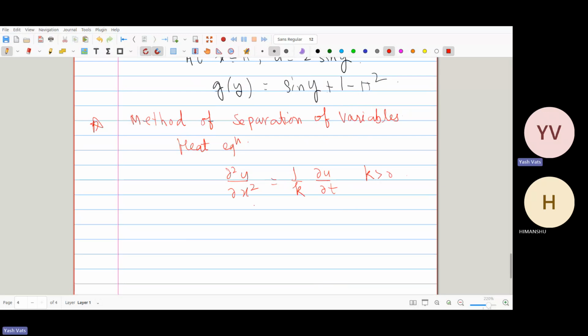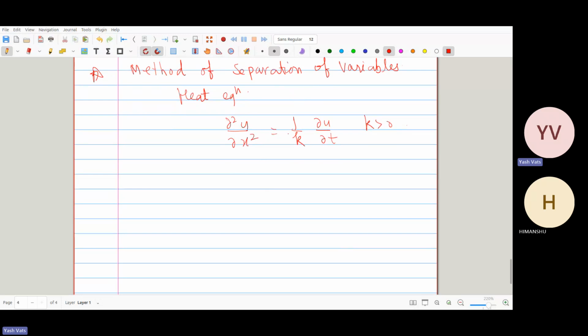Okay, so what does the method of separation of variables look like? You assume that u is just a product of some functions, capital X of x and T of t. So this is a major assumption that you have to start with first.